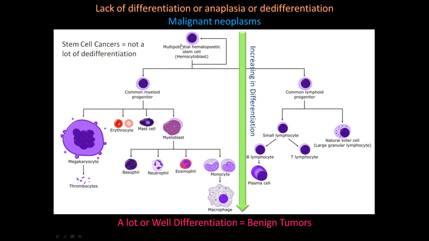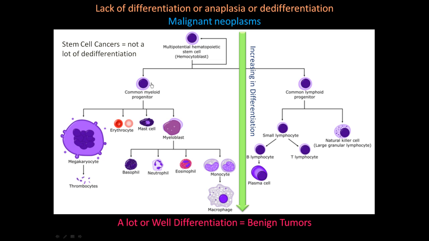So here is a stem cell, okay? And according to different growth factors or different needs of the body, this stem cell will give rise to, and this is only hematopoiesis, these are only blood cells, but you could talk about this about any cell type in the body. You have an original stem cell, and the stem cell will then go down certain pathways to give rise to the needed cells.